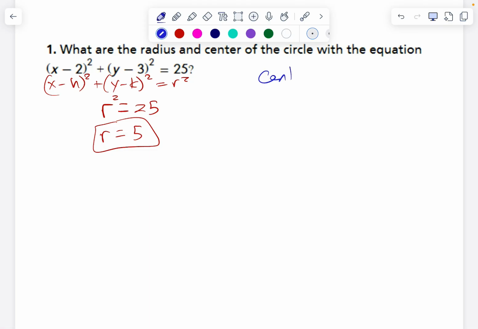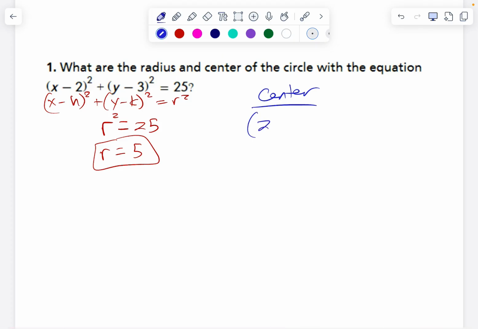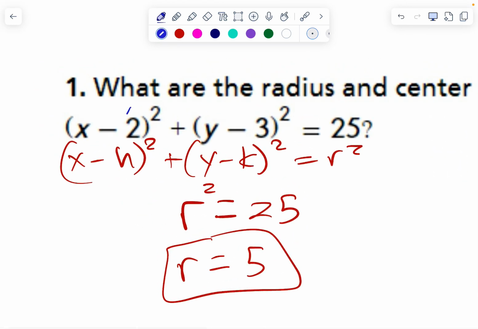Where's the center? Positive 2, positive 3. Why is it positive? Here's why I'm telling you to write it underneath. Do you see how our equation of a circle says minus? That's like the boss equation. It has minus in it. So as long as that matches up, h is just the number shown, and so is k.